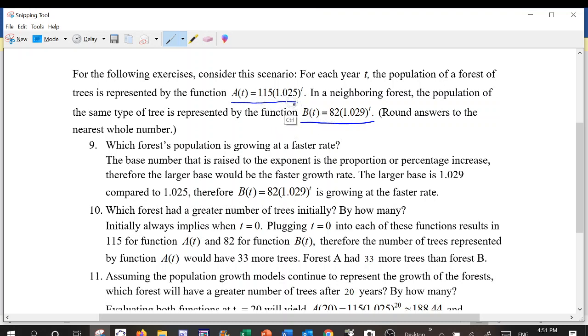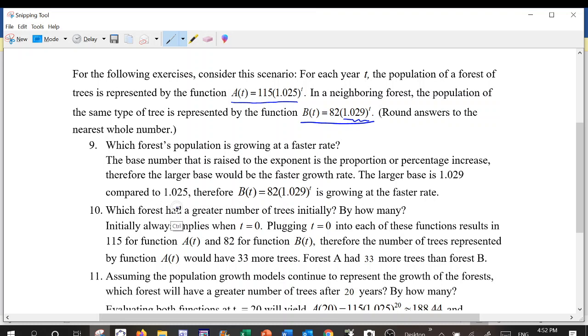Now, which one of these grows faster? It looks like this one is going to grow faster because this base is bigger than that number. So this one grows faster. So which forest population is growing at a faster rate? This one. Think about it: you keep multiplying by 1.029, so that grows faster than that one.